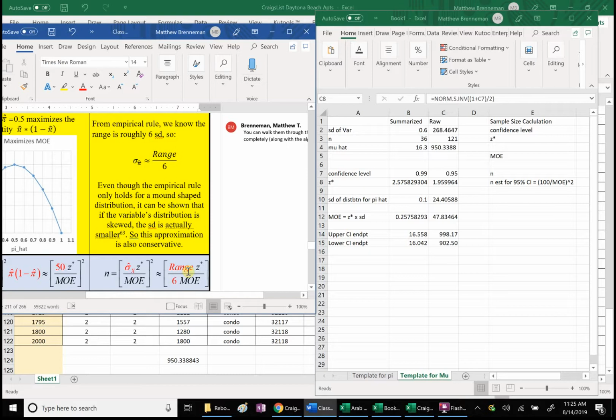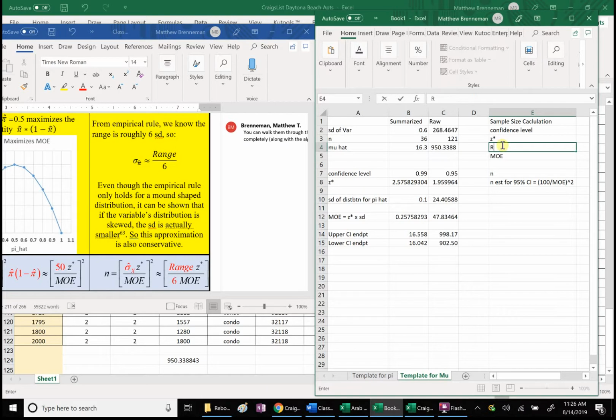Either one's okay, depending on what you have. I'm sorry, you have to actually use the range. This is the standard deviation of the estimator, not the standard deviation of X. So I'm going to use the range. I need the z-score, which I can get from the confidence level, and I need the margin of error. So here, I'm going to have to add one extra thing, the range.